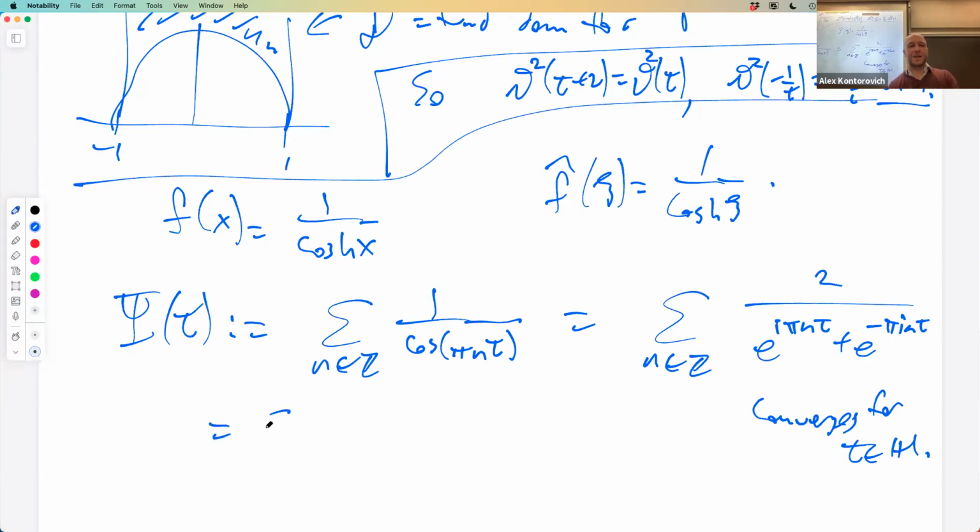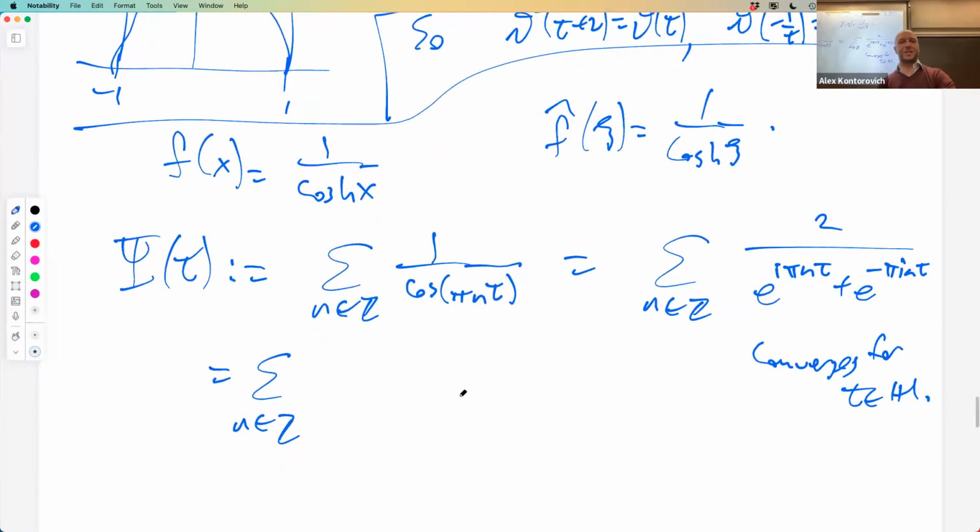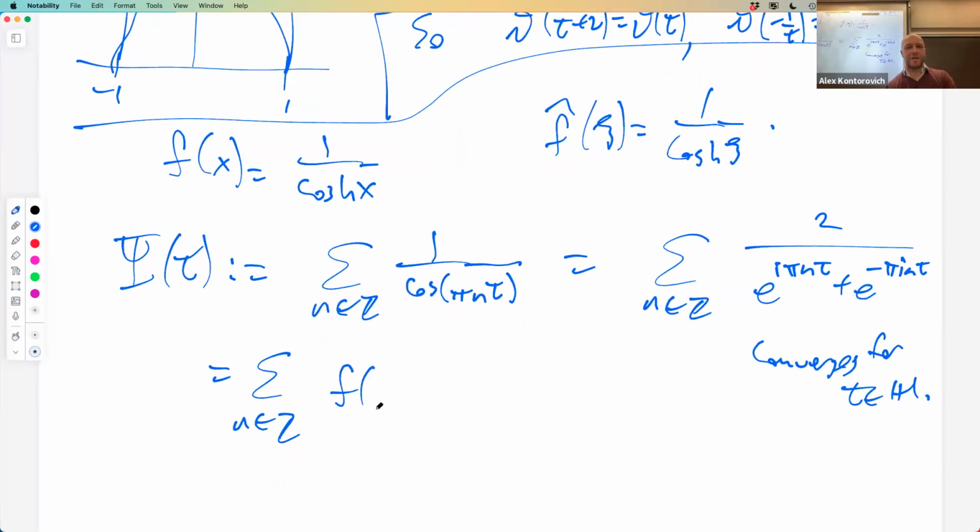Okay, so we have this nice function. How can we write this in terms of this function, f, 1 over cosh? This is f of, what's cosine? Cosine is cosh of I x. So this is f of I pi n tau. Right? I'm sorry, there's a pi here as well. Cosh of pi x is equal to cosh of pi, so I shouldn't need the pi there.